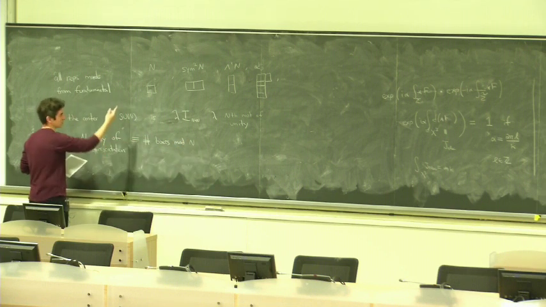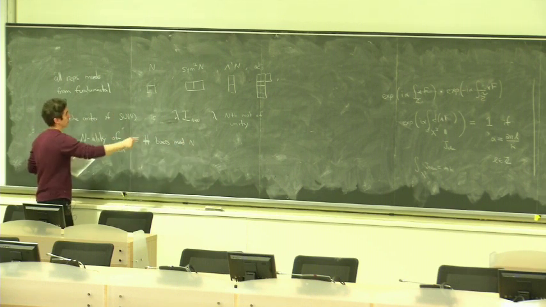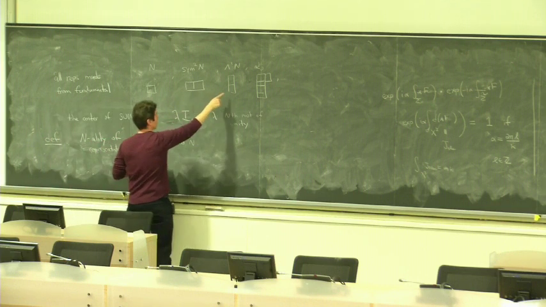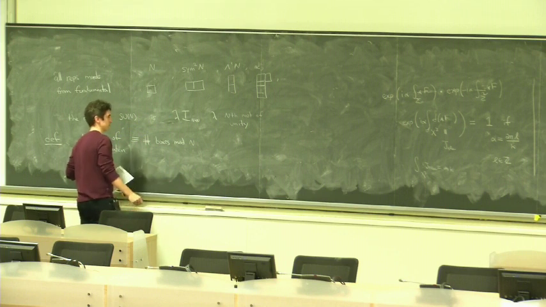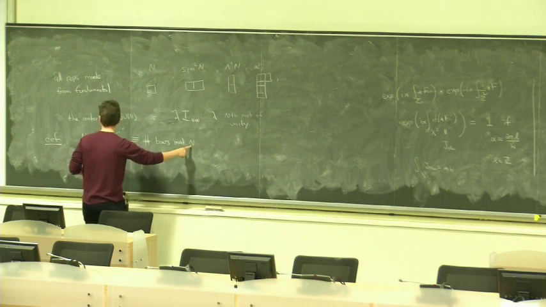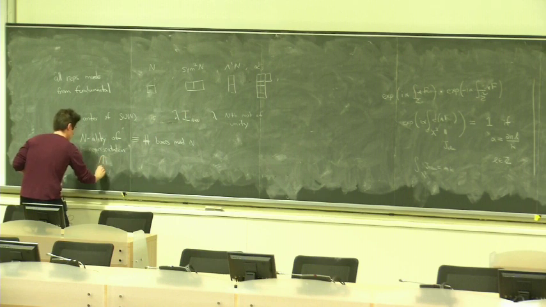So for instance, we'd say that the fundamental has n-ality 1, the symmetric square or antisymmetric square has n-ality 2, etc. It's only defined mod n. So this is some number in Zn.